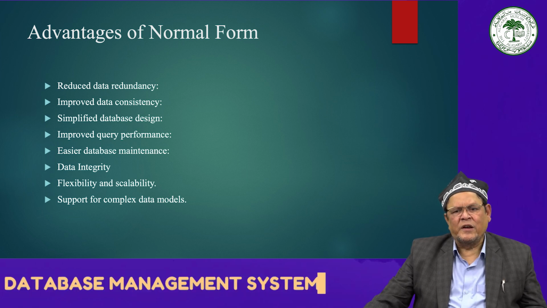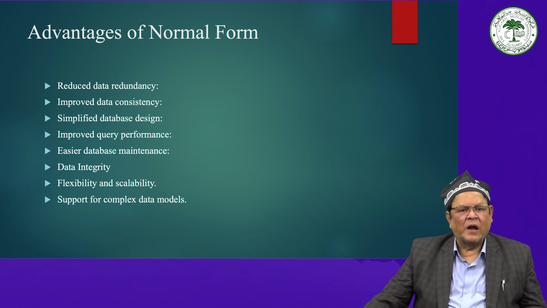Normalization helps to eliminate duplicate data in tables, reducing the amount of storage space needed and improving database efficiency. Improve data consistency. Normalization ensures that data is stored in a consistent and organized manner, reducing the risk of data inconsistencies and errors.